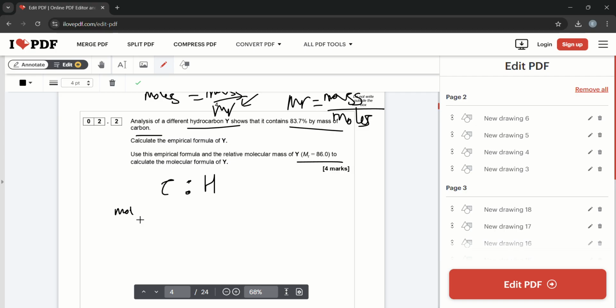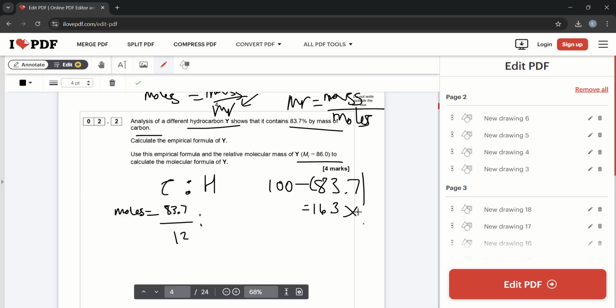Moles of carbon is going to be 83.7, that's the mass, divided by Mr, which is 12. What's the mass of hydrogen? We know the total percentage must be 100, so the hydrogen is going to be 100 minus 83.7.